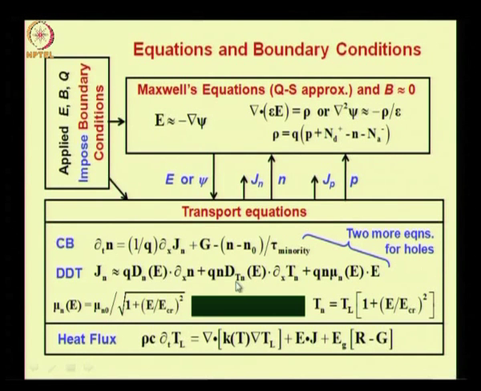The thermal diffusivity DTn and the diffusivity Dn, these two are expressed in terms of the mobility. Therefore you do not need separate expressions for Dn and thermal diffusivity etc. We always talk only in terms of the mobility.